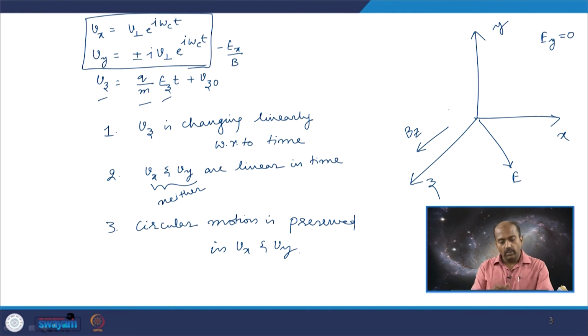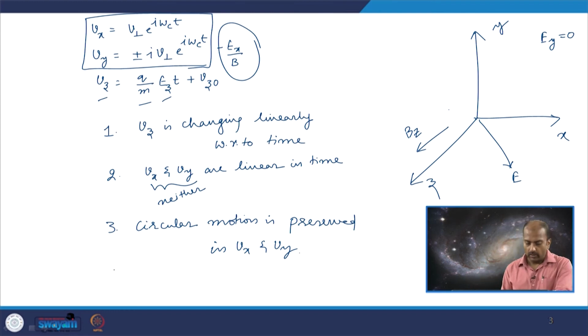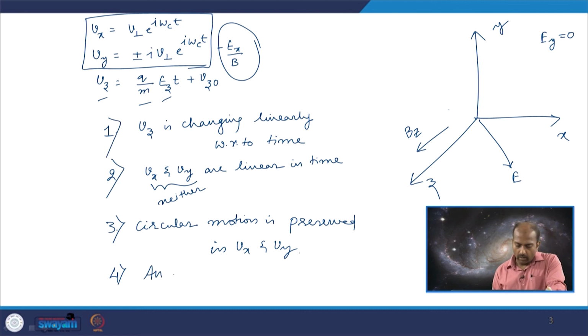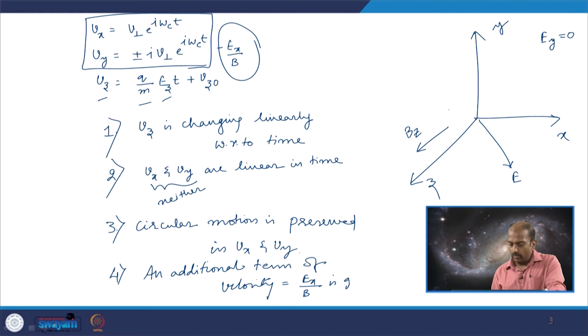In addition to the circular motion, you have an additional velocity component which is Ex by B. So, the inference 4 is that an additional term of velocity, which is Ex by B, is given in Vy.